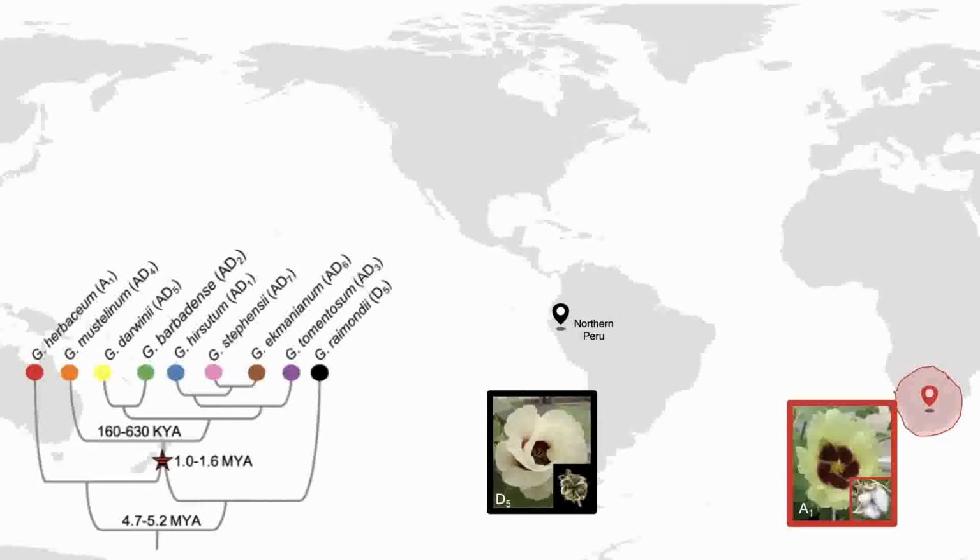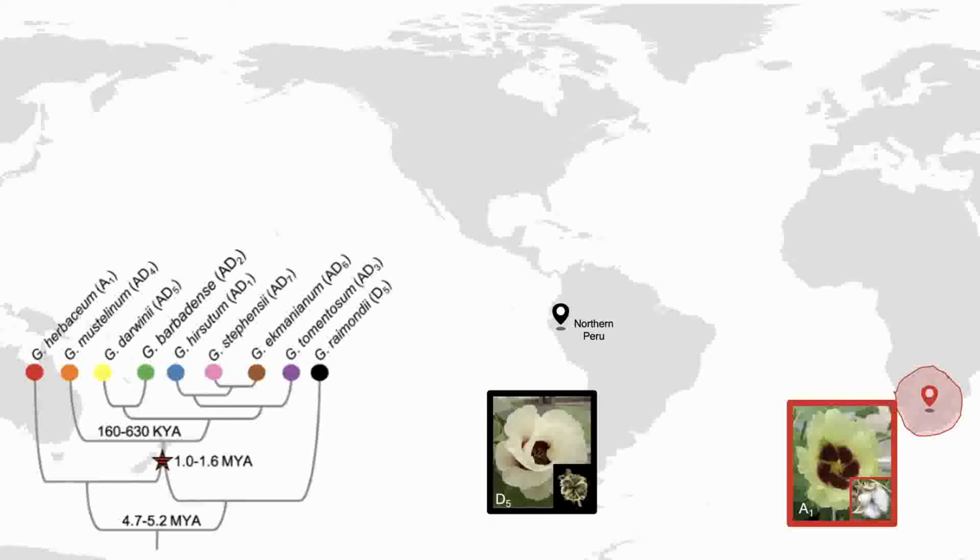So most of us know cotton as the species that makes all of our clothing and fibers, but actually that species is only one of a handful of allopolyploids from the genus Gossypium. Those allopolyploids formed from the hybridization of an ancestor of Gossypium raimondii, which is located in northern Peru, denoted by the species abbreviation D5, and an ancestor of the A1 species, Gossypium herbaceum.